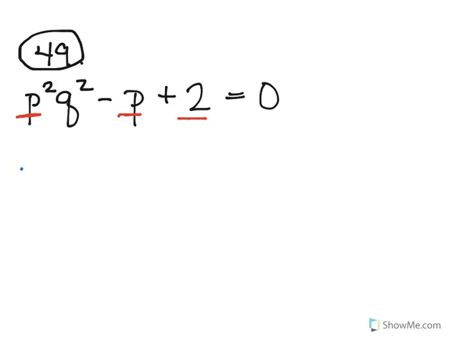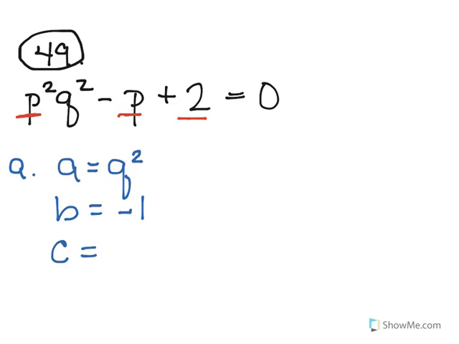So for part A, I can go ahead and name my letters. A is whatever's multiplying times that p squared. B is whatever's multiplying times that p. In this case, it's a negative 1. And c is whatever that constant is on the end. In this case, it's a 2.